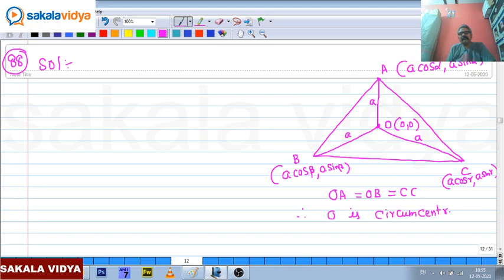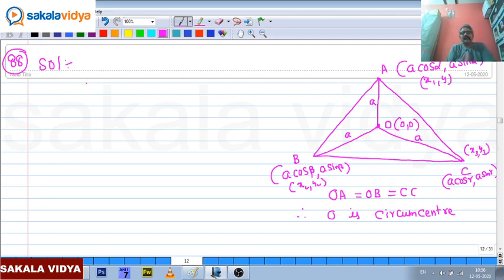Circumcenter is equidistant from vertices. So that means already circumcenter is given. Now we need to find out orthocenter. As the vertices x1, y1, x2, y2, x3, y3, we can find out centroid.